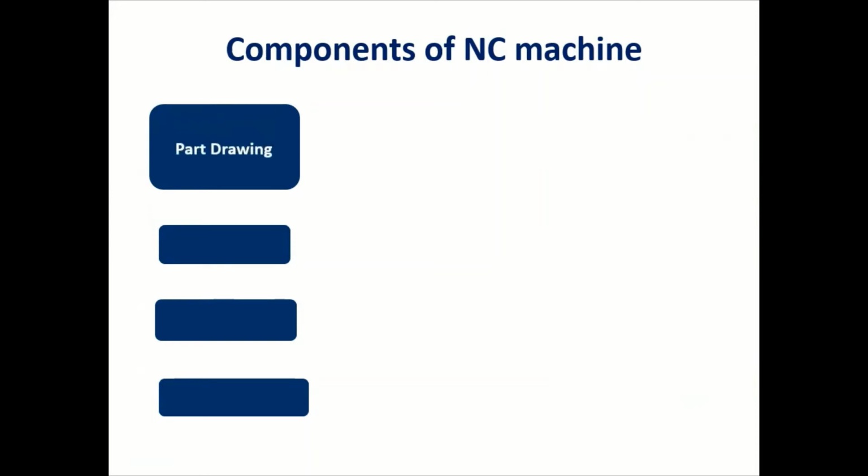First of all, when we are writing the NC program, we need a part drawing. So this is the part drawing. By using this part drawing, we can write the program. So our first part is to write the NC program. NC part programming is written by using the part drawing, and we also require cutting parameters like speed, feed, and depth of cut.